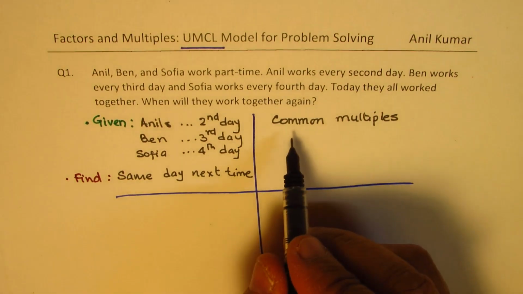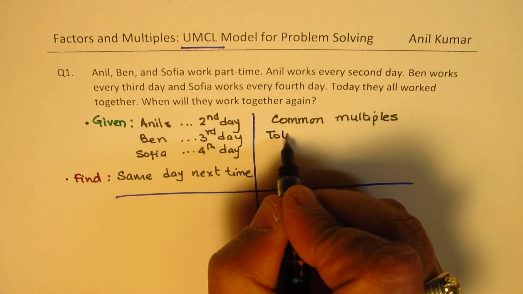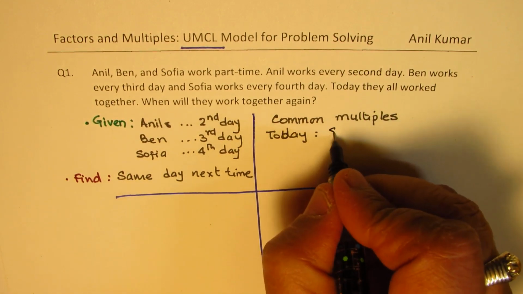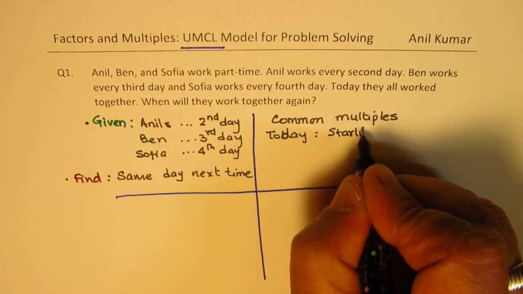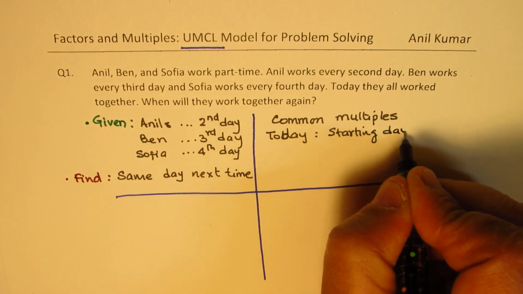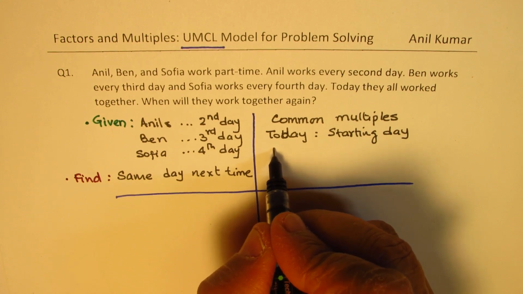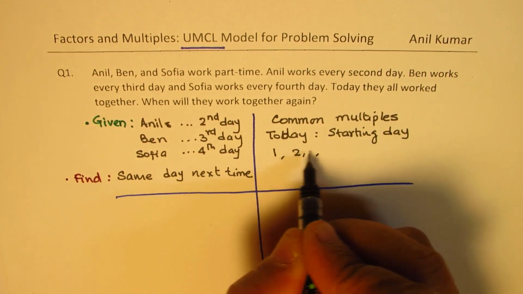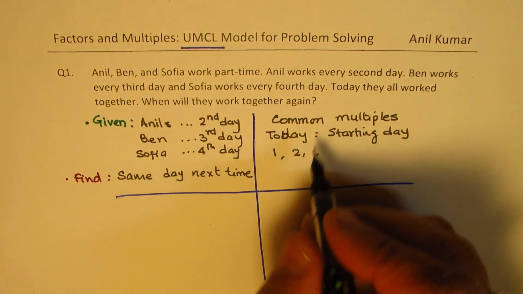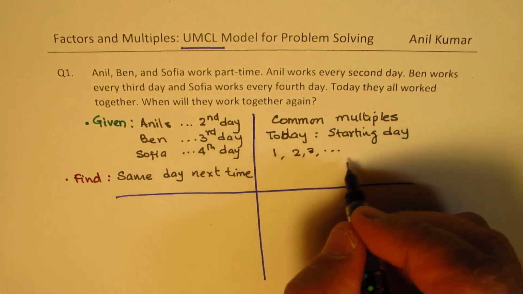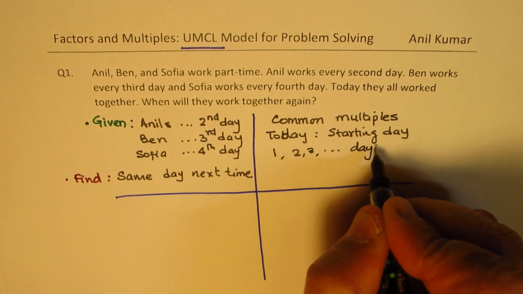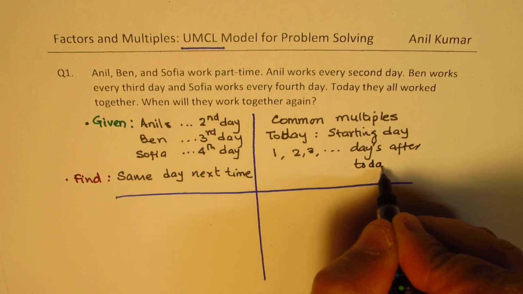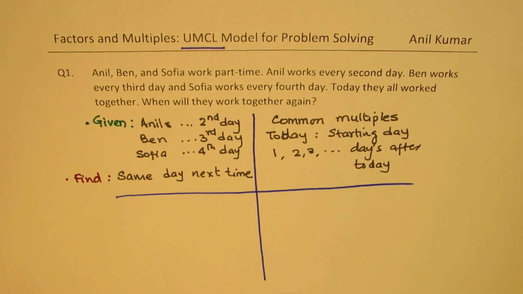Let today be the starting day. If I write 1, it means 1 day after today; 2 means 2 days after today, and so on.